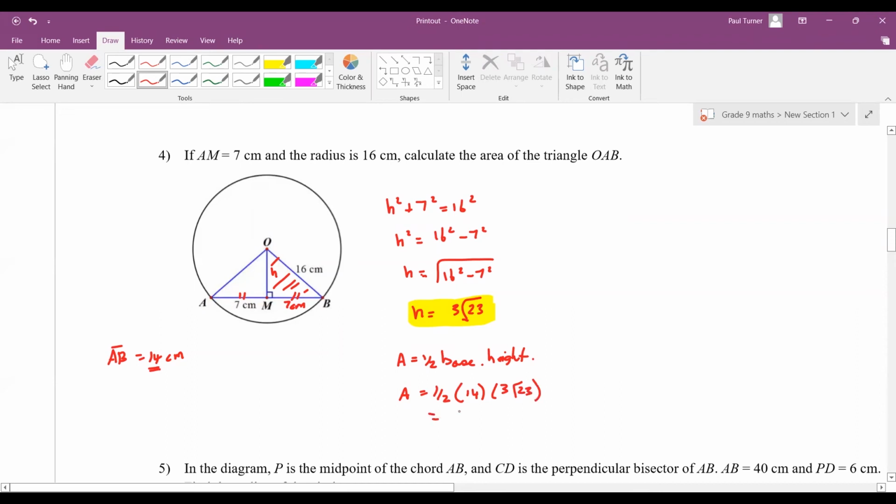And in your calculator, that will give you 21 root 23, which is 100.71 cm squared. So you can leave it in exact form like this, or you can write it in decimal form to 2 decimal places. So 100.71 square centimeters is the area.